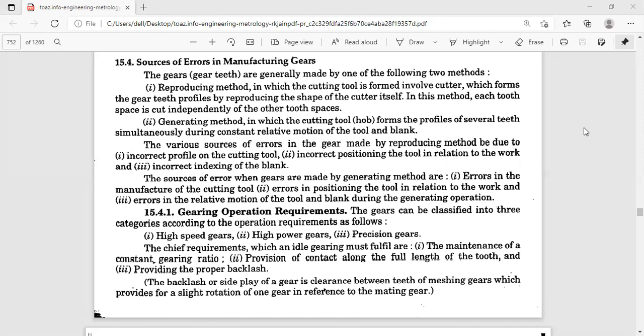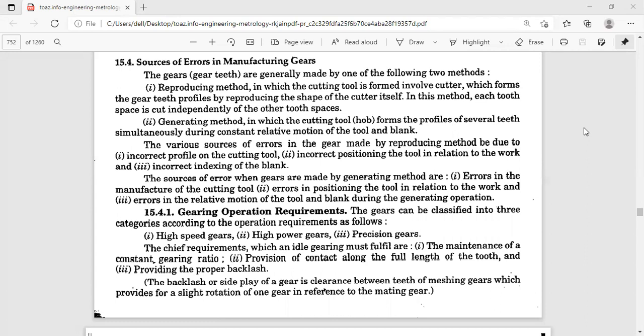The second error may be the error due to the positioning of the tool relative to the work. That relative positioning is very important, because in screw threads also we have different errors, like periodic error or pitch error, or different types of pitch error.